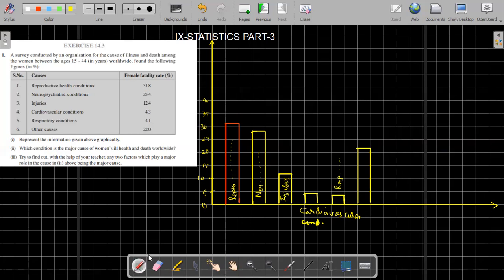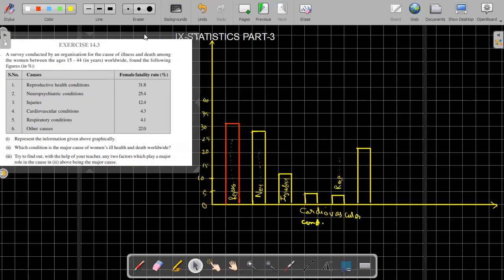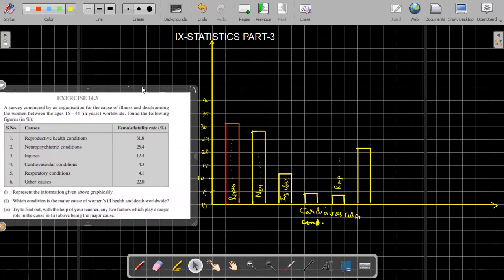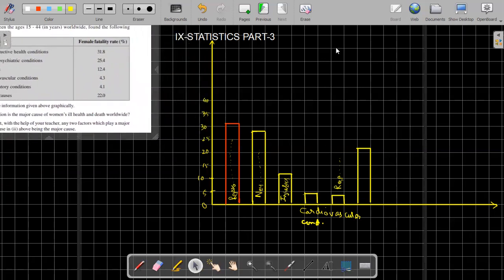Okay. But the main thing that we left here, we have to write what we are going to represent on x-axis and y-axis. So this is our x-axis and this is our y-axis. You can write x, y. And here we are using causes.